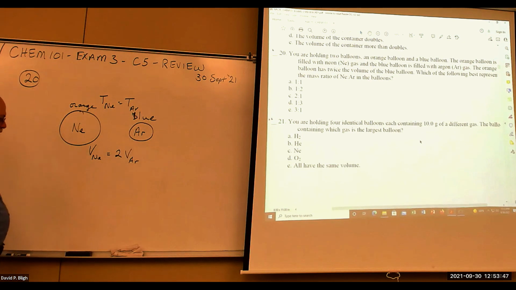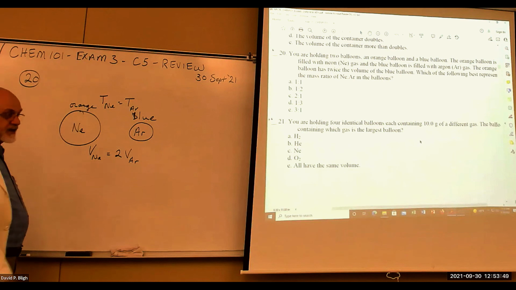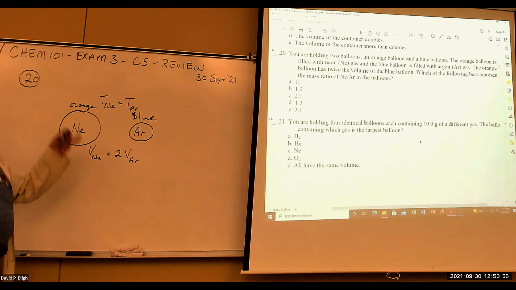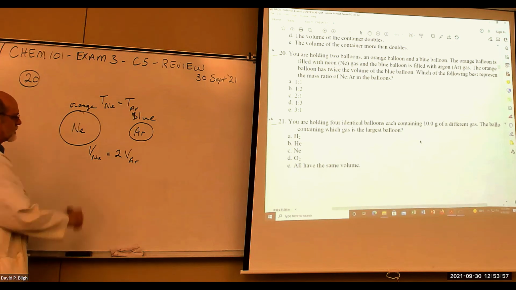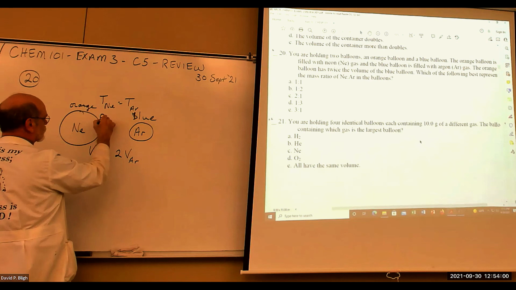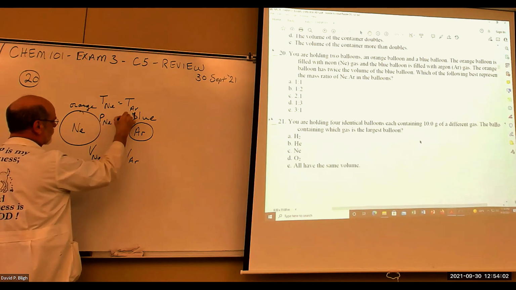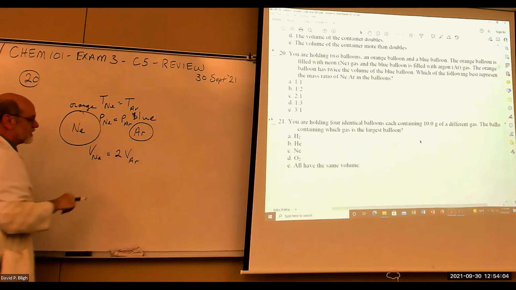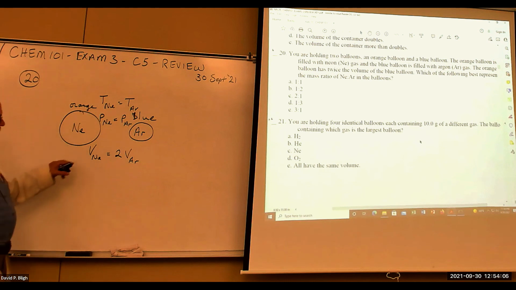Temperatures are the same and the pressures are the same. Pressure is easier to rationalize because they're both blown up in atmospheric pressure. So the pressure of this one has to be equal to the pressure of that one. So the only 2 variables are volume and what else?